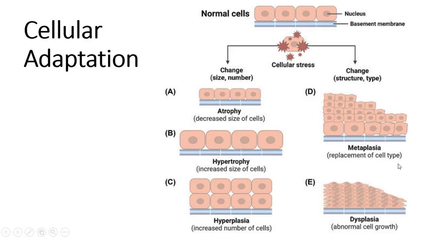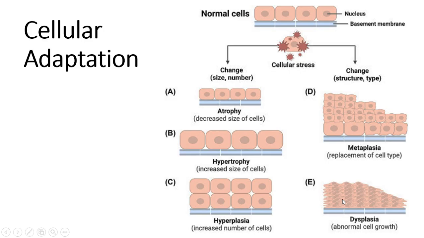For example, a columnar epithelium can change to squamous epithelium. Metaplasia can happen for many causes, usually chronic irritation or chronic inflammation.